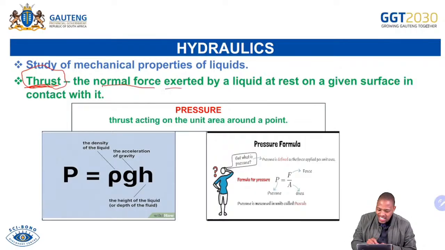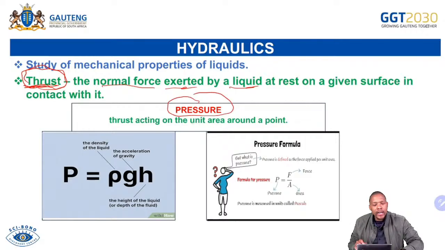It's a normal force that is exerted by a liquid at rest on a given surface in contact with it. It is called thrust. And from thrust, what you get is pressure. So pressure is thrust acting on a unit area around a point.